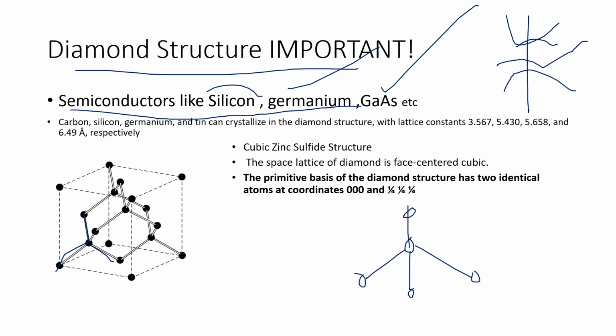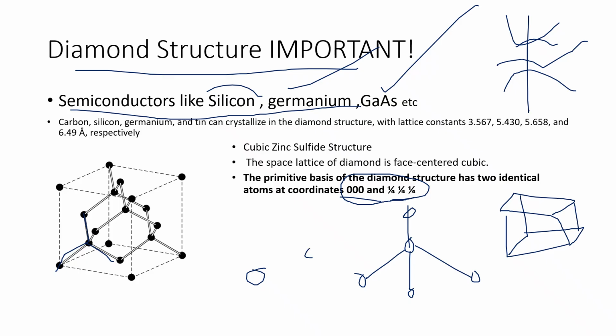The basis here is again one silicon at 0, 0, 0 and one silicon at 0.25, 0.25, 0.25, which is 1/4. And the structure is again FCC. So you have that cube, like I explained. This lattice is FCC and the basis is two silicon atoms at 0, 0, 0 and at 1/4, 1/4, 1/4.